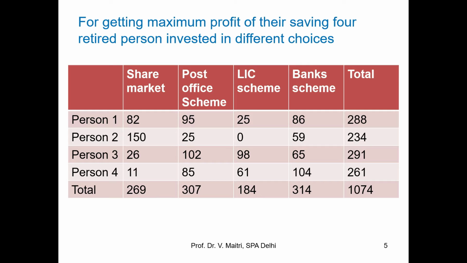Similarly, person 2 has decided 150, 25, 0 and 59. Person 3 is 3, 26 in the share market, 102, 98, 65, and person 4 is 11, 85, 61 and 104.